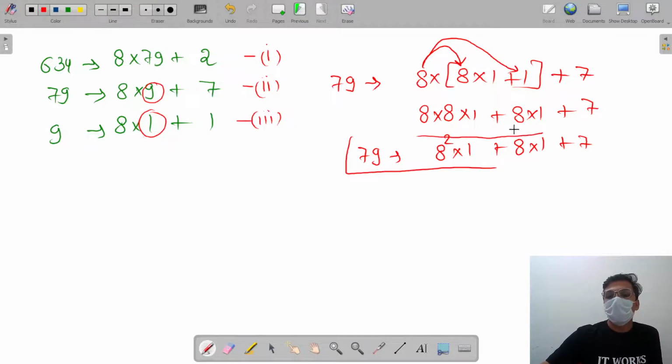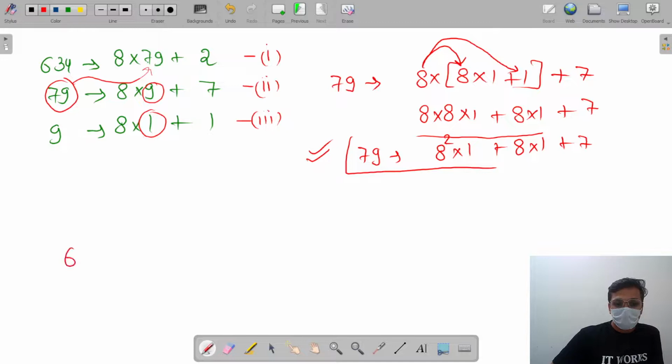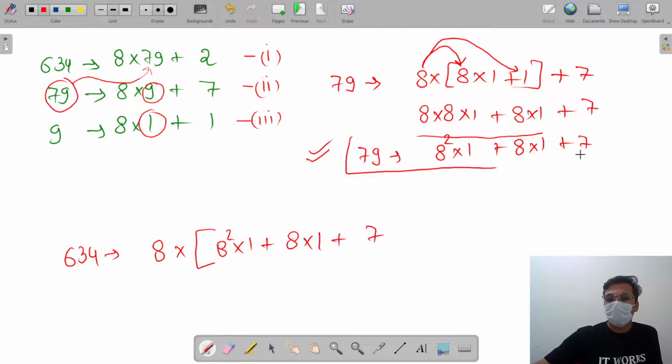Now when we replace the value of 79 in this equation, that is in equation number 1, let's see what will be our answer. So the value of 79 is going to be this. When we replace the value of 79 in this equation, we get our answer as 634 can be written as 8 into the value of 79, that is 8 square into 1 plus 8 into 1 plus the 7, and then we are writing this expression as it is, that is true.